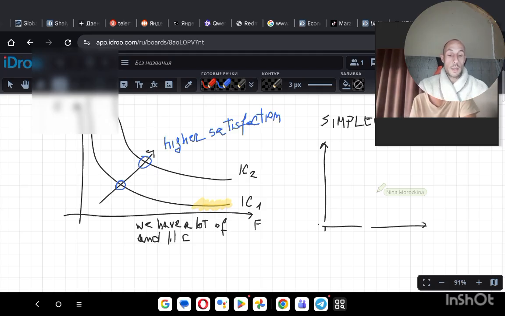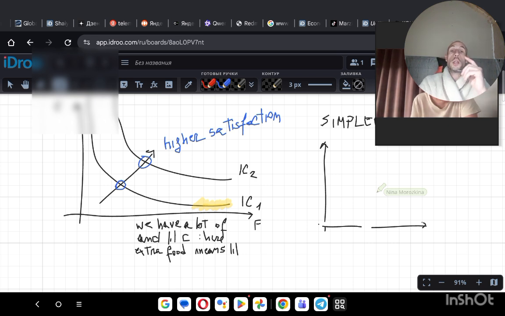Here, the topic is exactly the same, but for clothing, because look, we are here, and we are ready to give away 4 units of clothing to get just 1 unit of food.